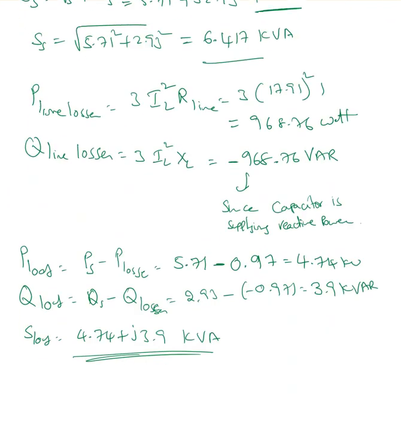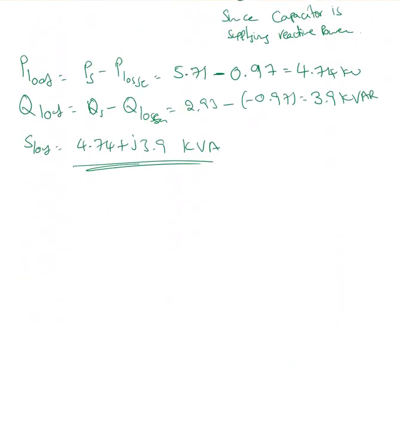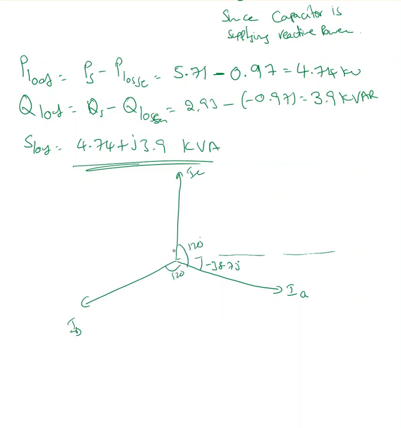When we draw the vector diagram, we always draw the phase quantities. So phase A, that's IA, is at minus 38.73 degrees. Then IB and IC, which must be 120 degrees apart, 120, 120, 120.